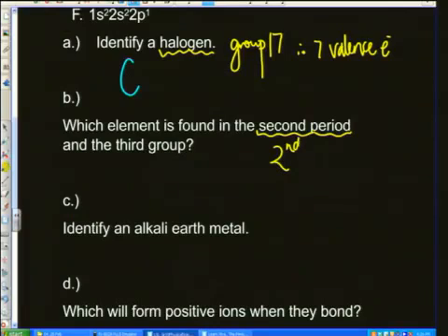That's going to mean second energy level, because the period links to the outermost energy level, which is the same as the period. And then they tell us the third group. Or maybe the question should have been rephrased, the 13th group.